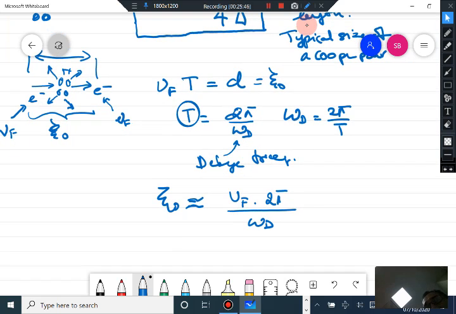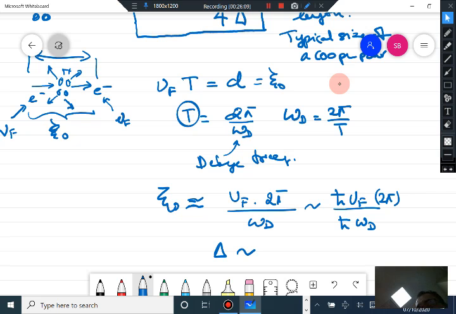So this is going to be roughly ħvF divided by ħωD, and to a leading order, you have these factors of 2π which we are not going to really consider. So this Δ is of the order of ħωD.